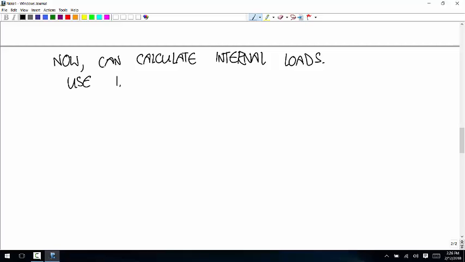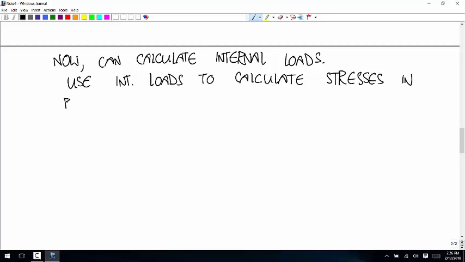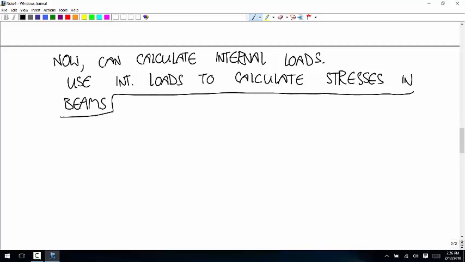And to do that, we have to know how to calculate the stresses that come from tension, bending moment, shear force, and torque, okay? Each one of those types of internal loads is responsible for its own contribution to the stresses.